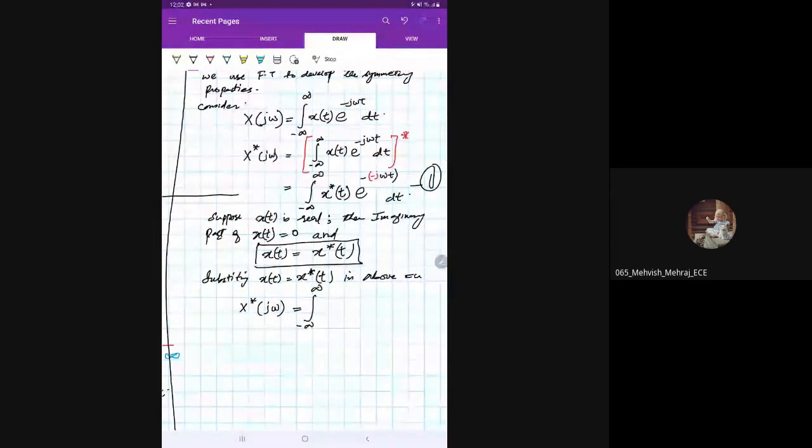Instead of x conjugate of t, we will write x of t, and we can write the same thing as e to the power minus j minus omega t, then dt. Is this fine?